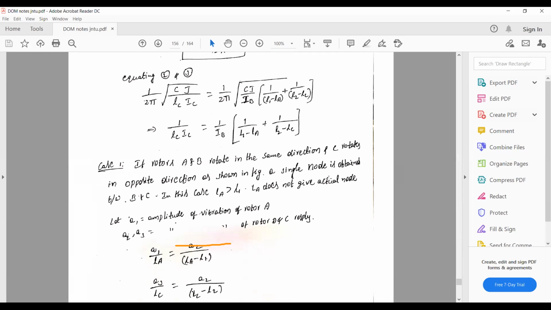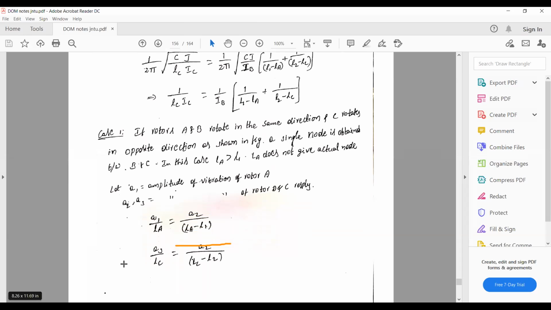A single node is obtained between B and C. Actually we have two nodes in our derivation, but if two rotors are in the same direction, then we may get only one node.